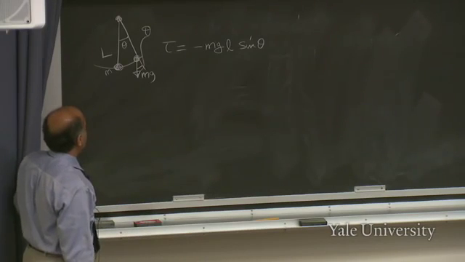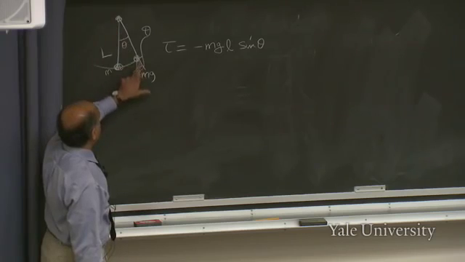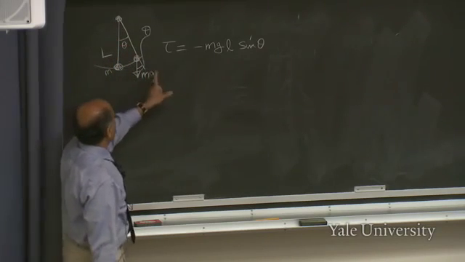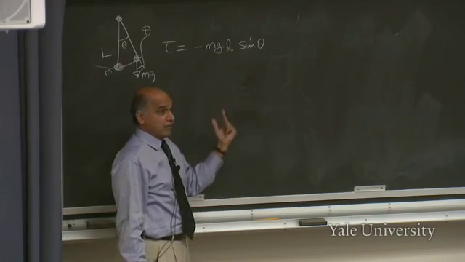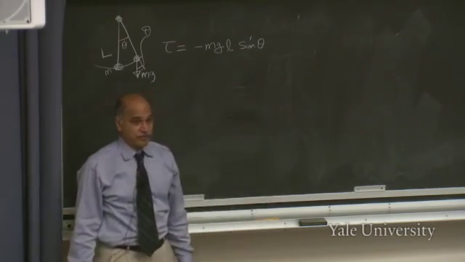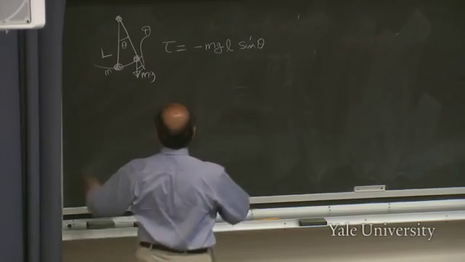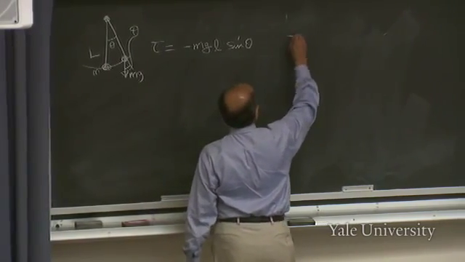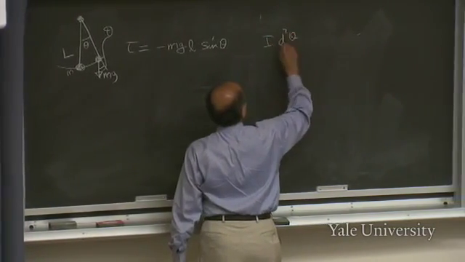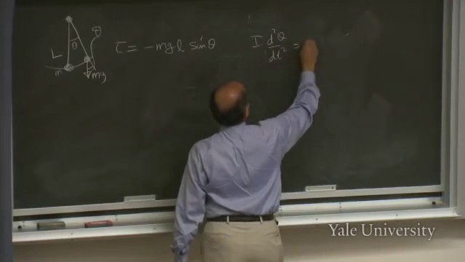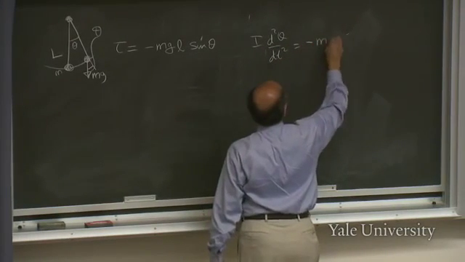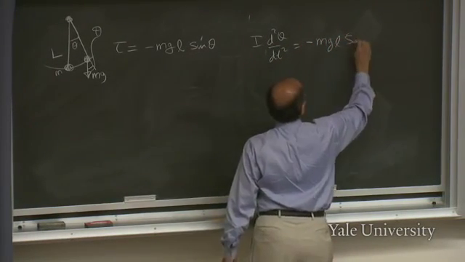It's the force times the distance of the lever arm, or the distance over which the force is from the rotation axis, times the sine of the angle between the direction of the force and the direction of the separation. So the equation of motion for the pendulum really is the following. I d2 theta over dt squared is equal to minus mgL sine theta.